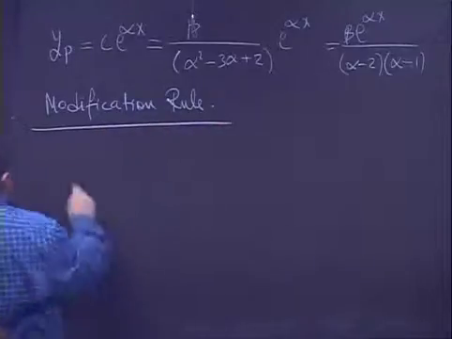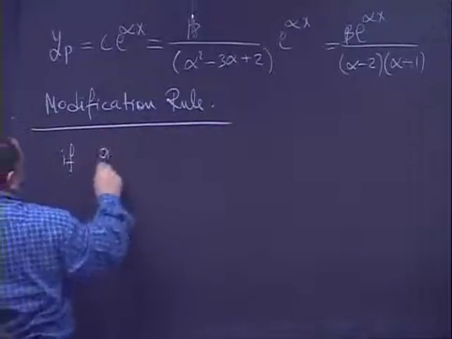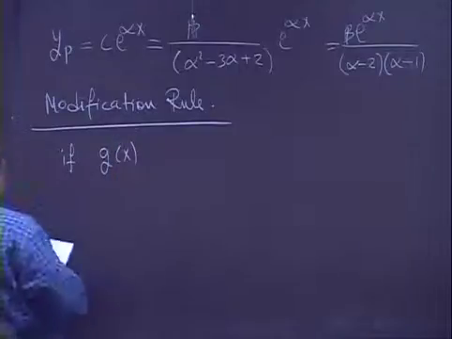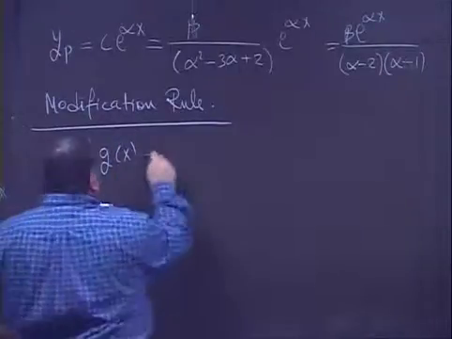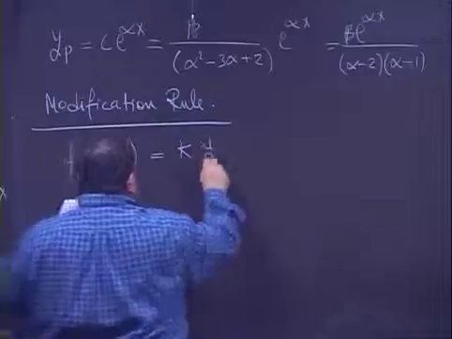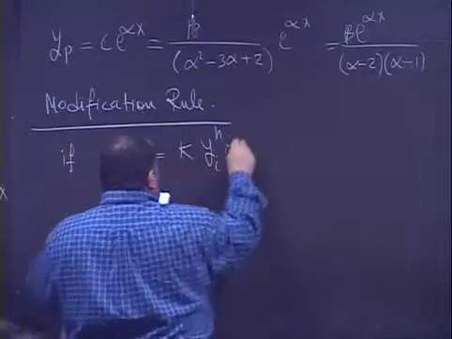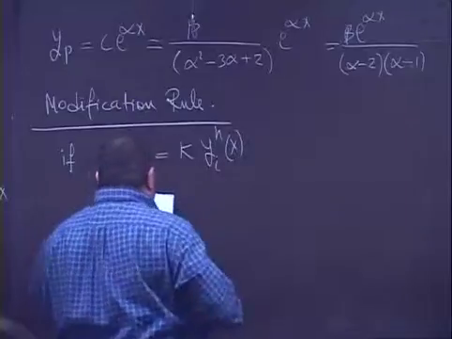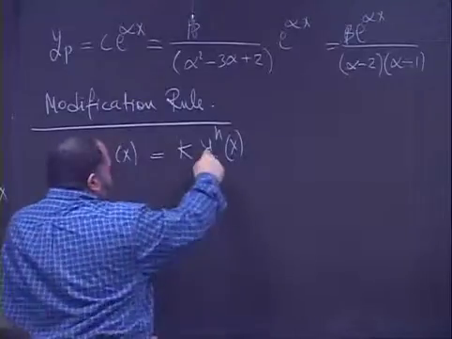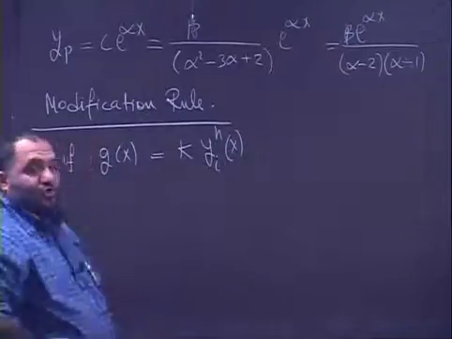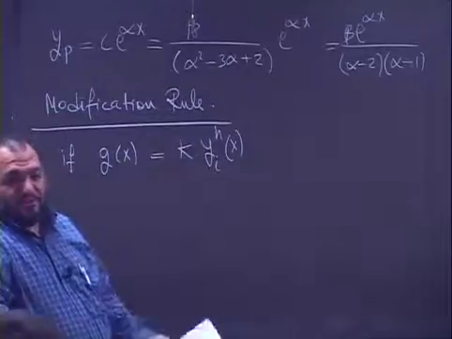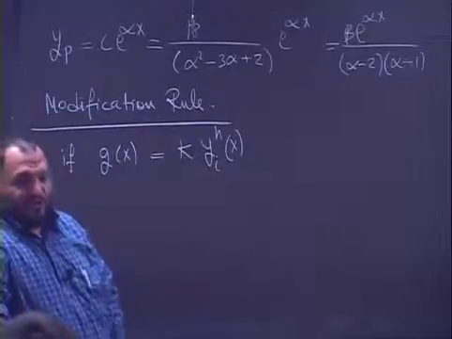If your g of x is just some constant k multiplied by yih of x, where yih of x is one of your complementary function solutions, the solutions for the homogeneous equation.